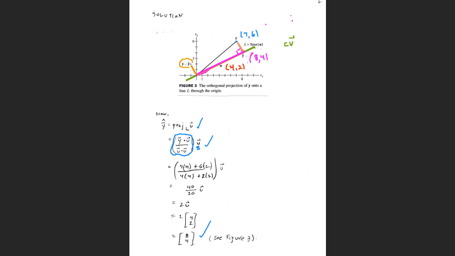What do the components appear to be on that vector? Yeah, -1, 2. And sure enough, that's right. If we look on the next page here, y minus y hat is -1, 2.